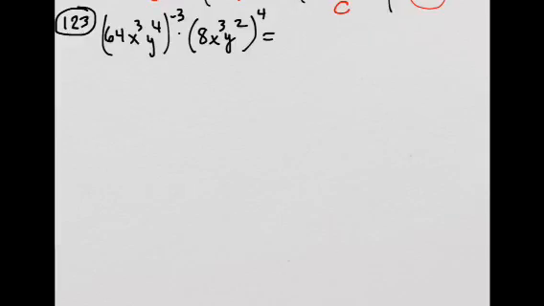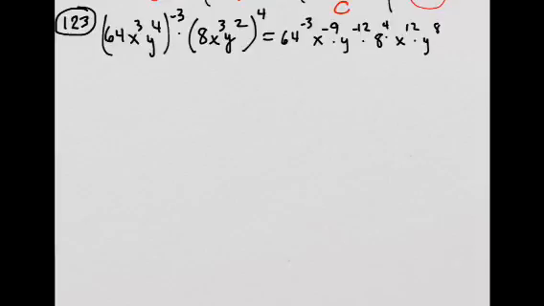Alright, so for 123, let's get rid of the parentheses and distribute the exponents. So the -3, you get 64 to the -3 times x to the -9, because remember, when it's power to power, you multiply, times y to the -12 times 8 to the 4th times x to the +12 times y to the 8th.